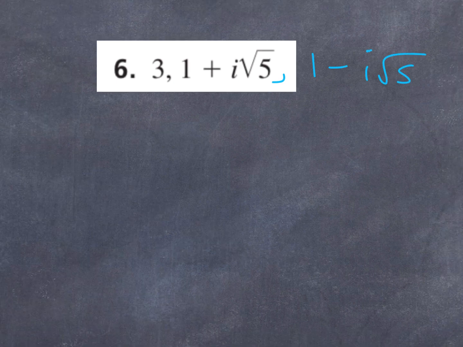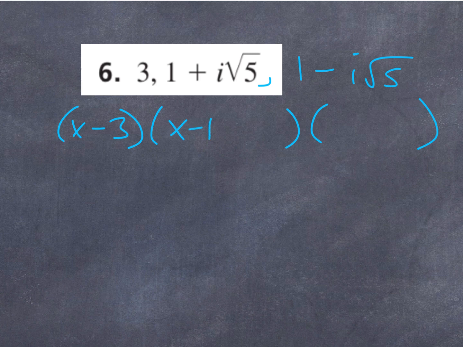All right, so what's going to go into factored form here? x minus 3, perfect, and then x minus 1 minus i square root 5, and then x minus 1 plus i square root 5.